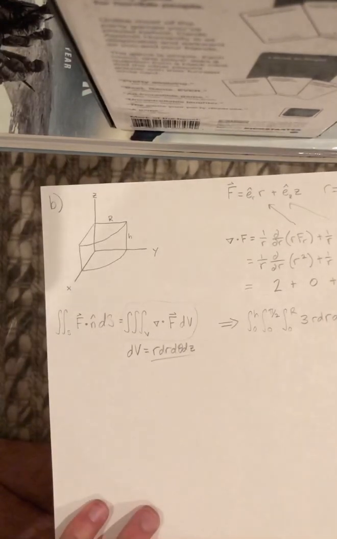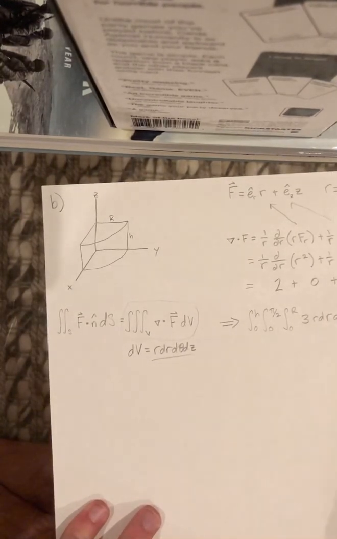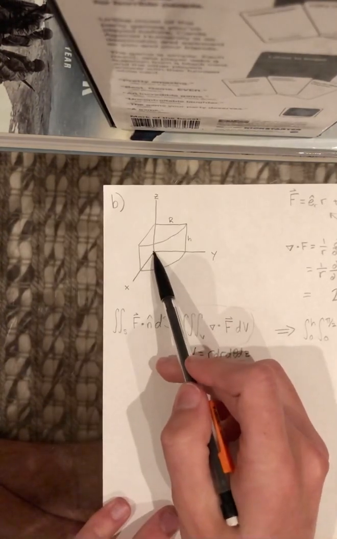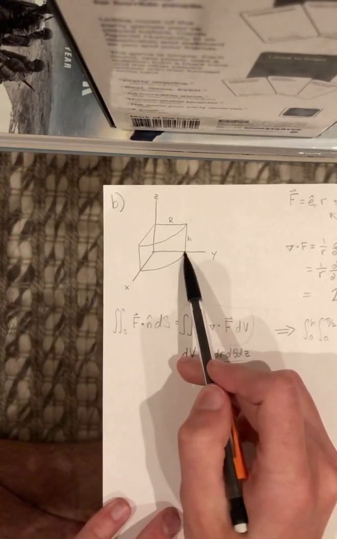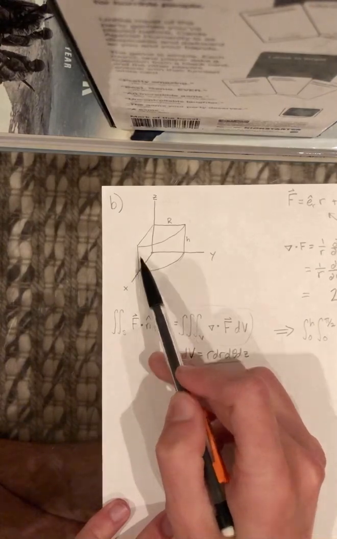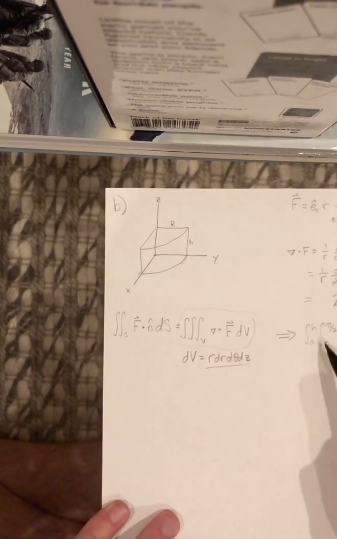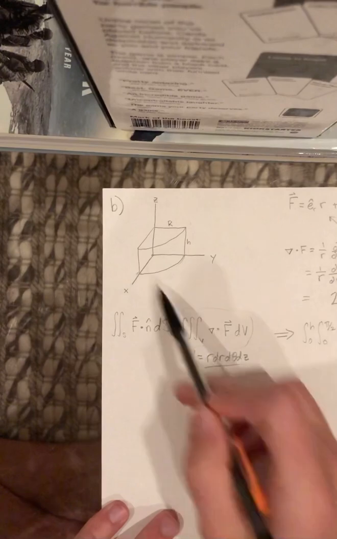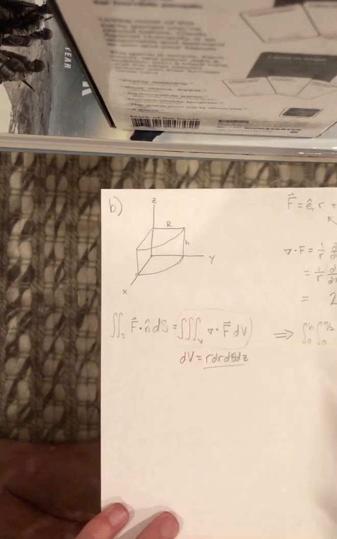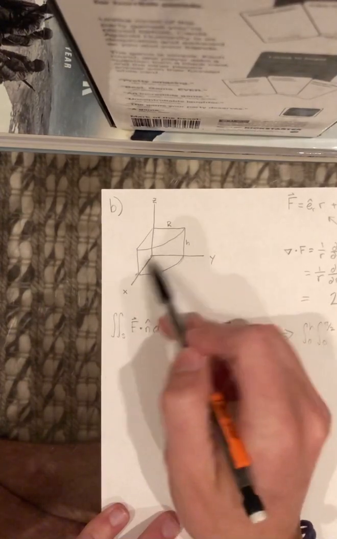These bounds came from, since we're looking at volume, going from the origin out to r, around to pi over 2, and then up to h. So 0 to h is that last one, 0 to pi over 2 because we're only looking at a quarter circle, and then 0 to r because we're looking for everything in this range.